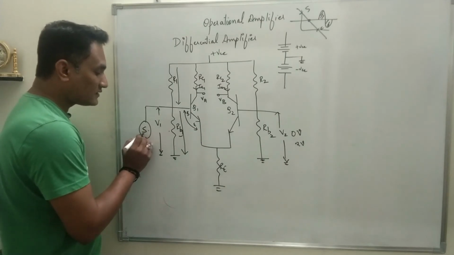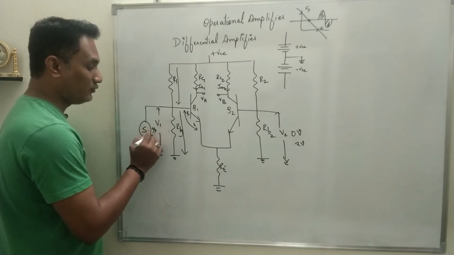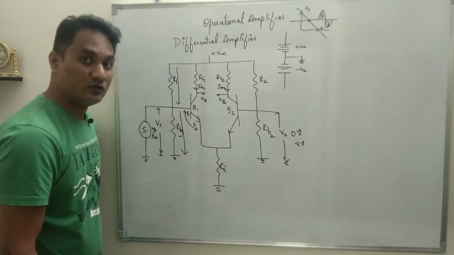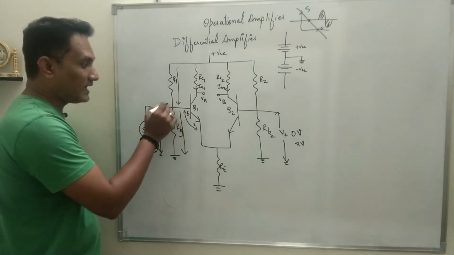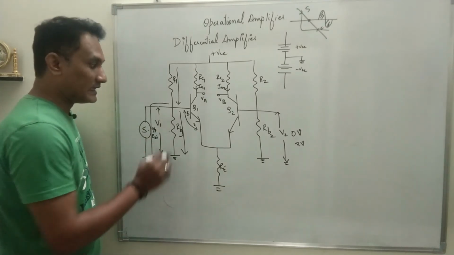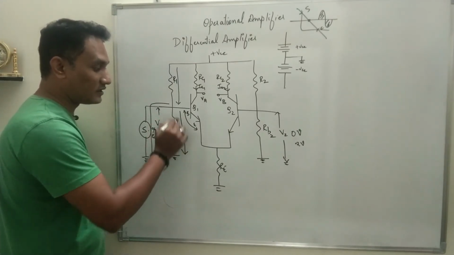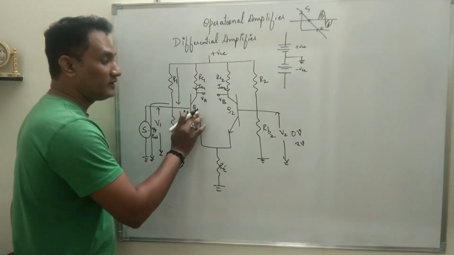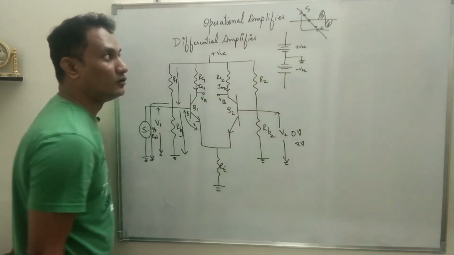But as soon as a source with low output resistance is connected, its output resistance comes in parallel with the biasing resistance, and you know current always takes the least resistance path. So the current which has to flow through RB1 has a low resistance path through the source to the ground. That means the current through RB1 will decrease, which will decrease the voltage across RB1, and so the biasing voltage of the base emitter junction of Q1. So the biasing potential of Q1 will change, either going towards saturation or towards cutoff.